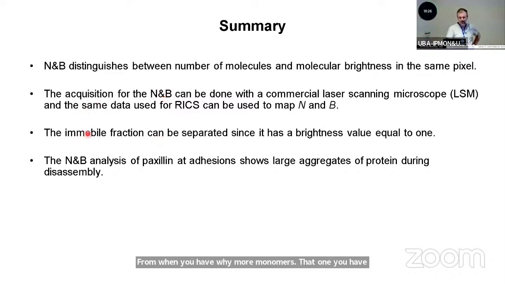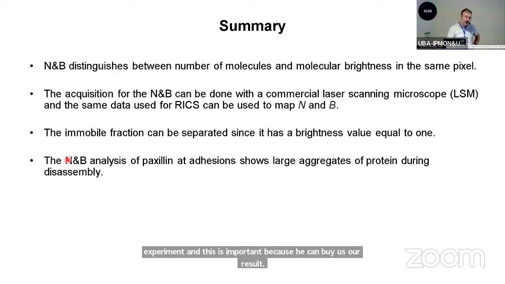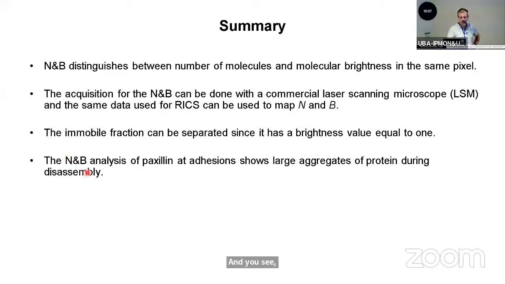And the other thing that is important here is that we can easily remove or take out the immobile fraction, which will not contribute in our experiment. And this is important because it can bias our result. And I hope I can demonstrate with the example of the paxillin that number and brightness is very powerful, and it can give you results not only in space but also in time.